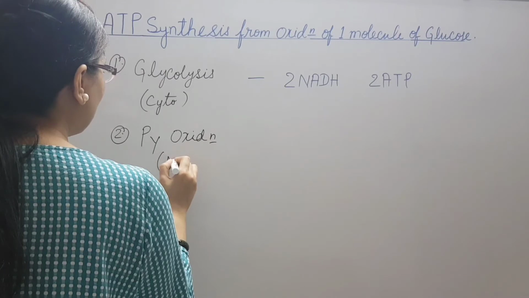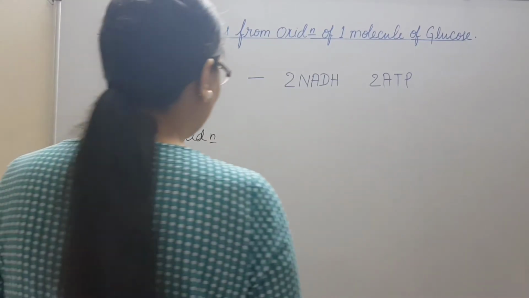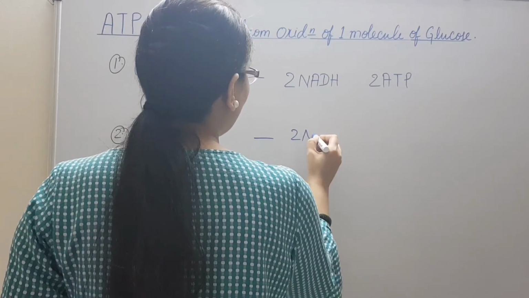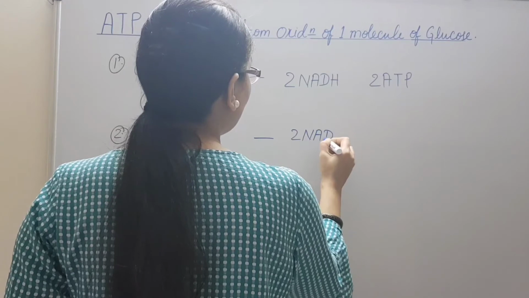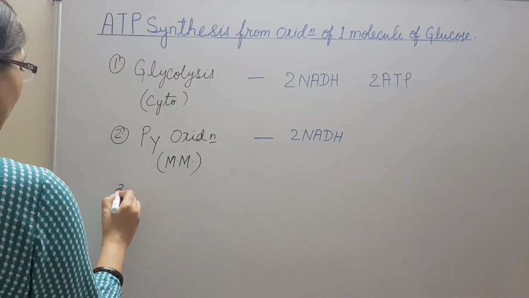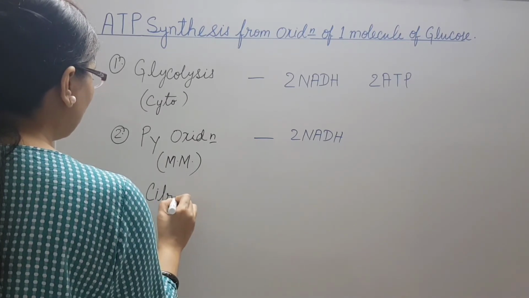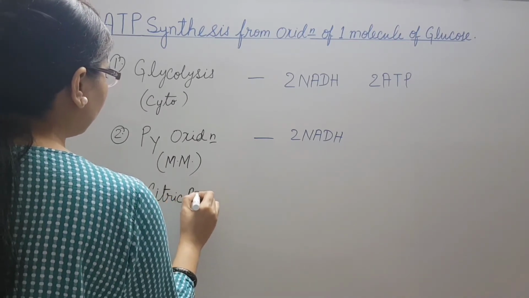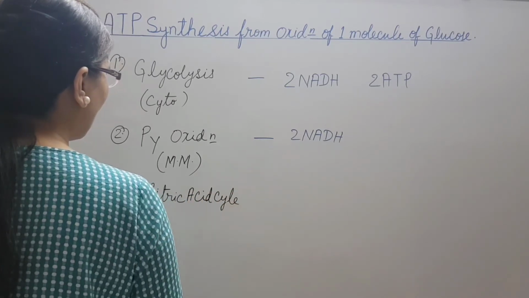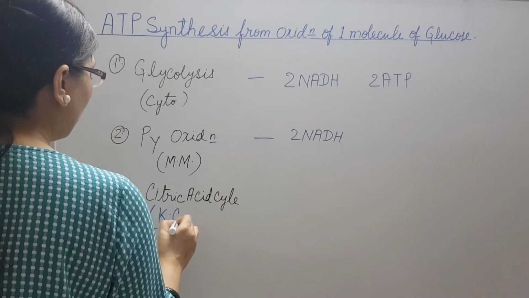This takes place in the mitochondrial matrix. This gives 2 NADH molecules. Third is the citric acid cycle or Krebs cycle.